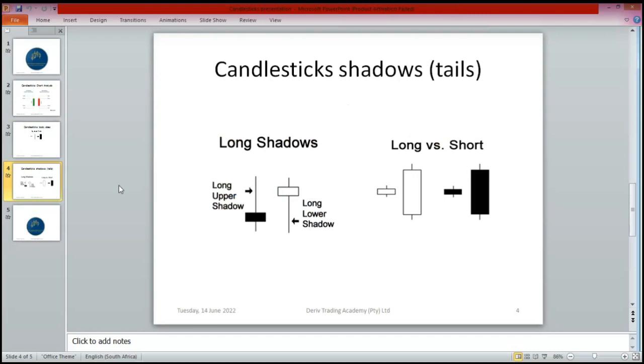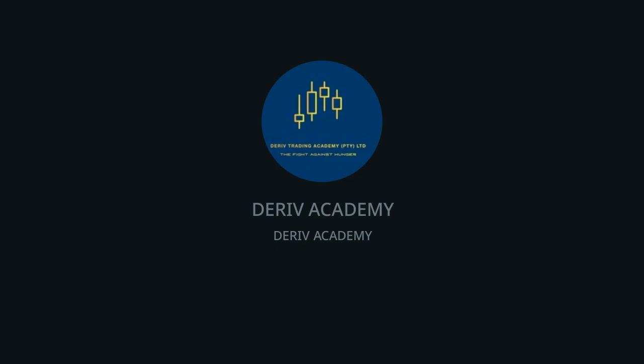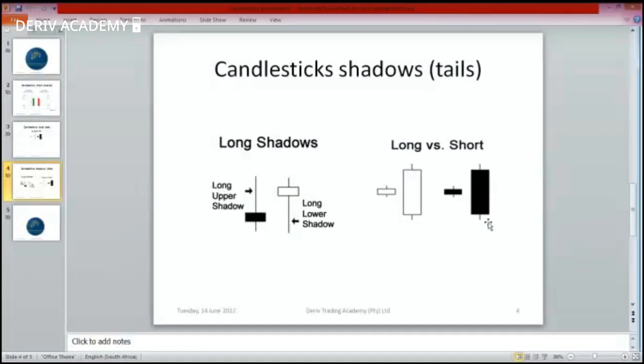As we also spoke about the shadows, if you still remember, from here to here, this is our upper shadow. Even though it is small right here, this is still our shadow. Including this one is our lower shadow.